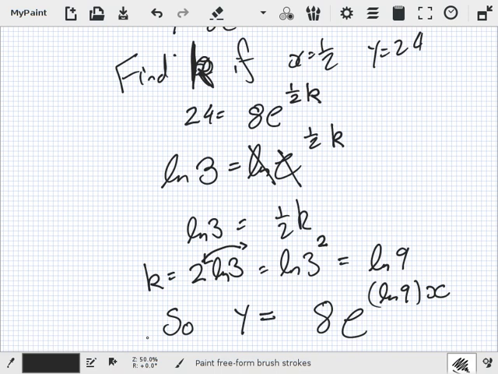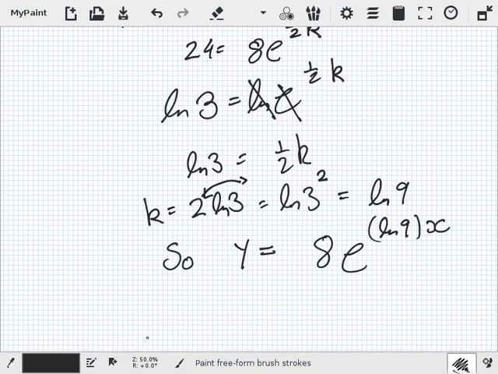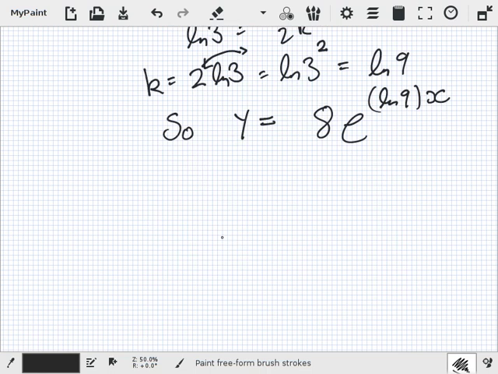Can we do the next part? The next part I think is okay. It says find the y when x is 2. So all I have to do is just make x 2.